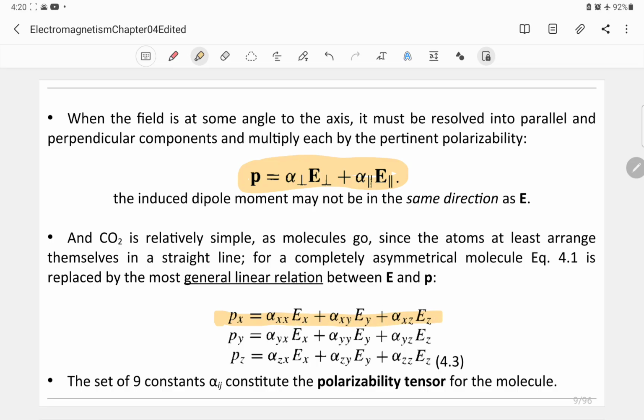The dipole moment in your y direction would be this, and the dipole moment in the z direction would be this.